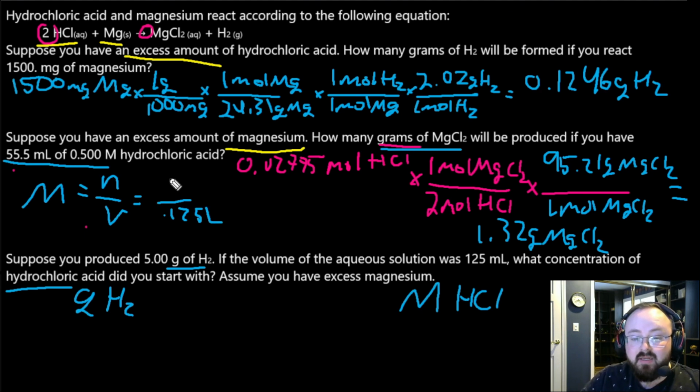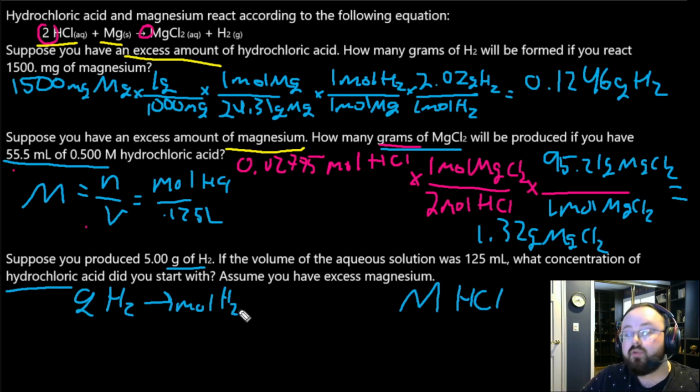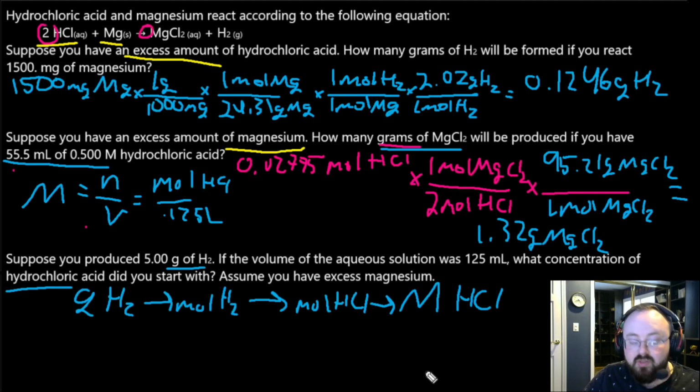But I need to find the moles of my solute, which in this case is hydrochloric acid. So I need to calculate the number of moles of HCl. I can't do that with grams of H2, but I can do my conversion to moles of H2, and using our stoichiometry, using our coefficients, I can go to moles of HCl, and I have the rest of the tools to then figure out my concentration.